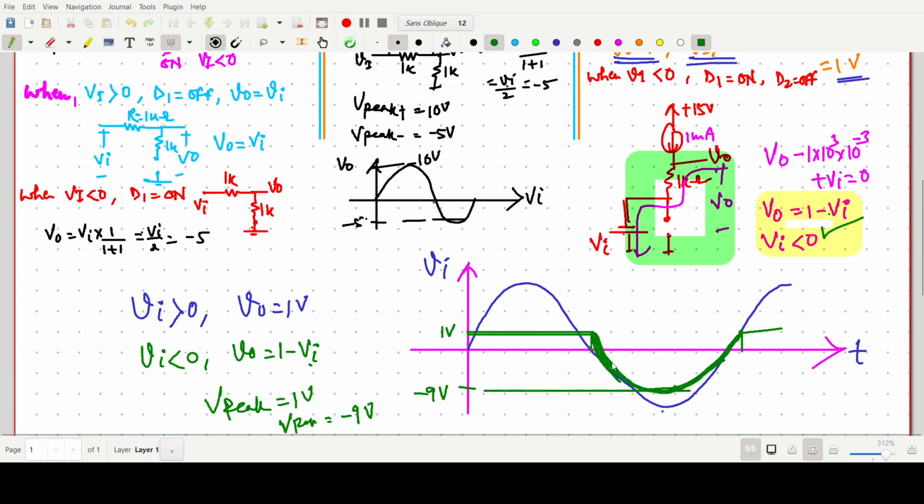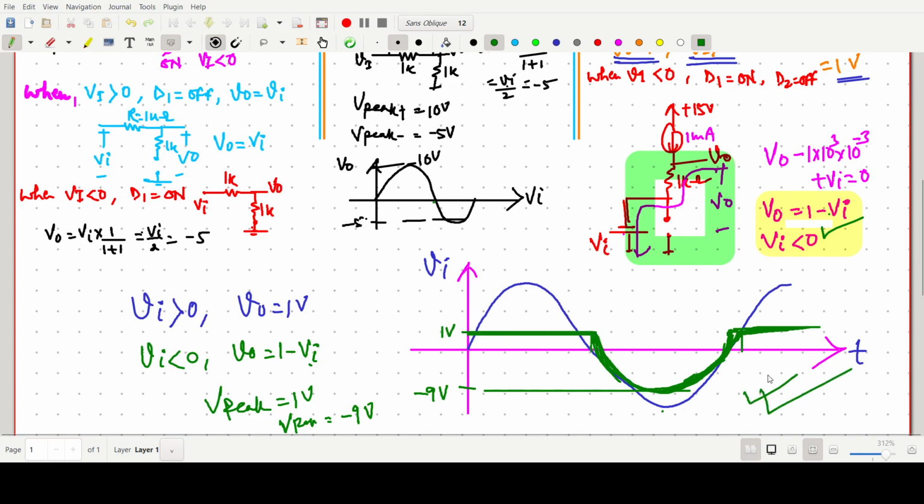Minus 9, and this should be plus, sorry, 1 volt, and then after, for Vi greater than 0, it will go here, like this. So this is all about this question.